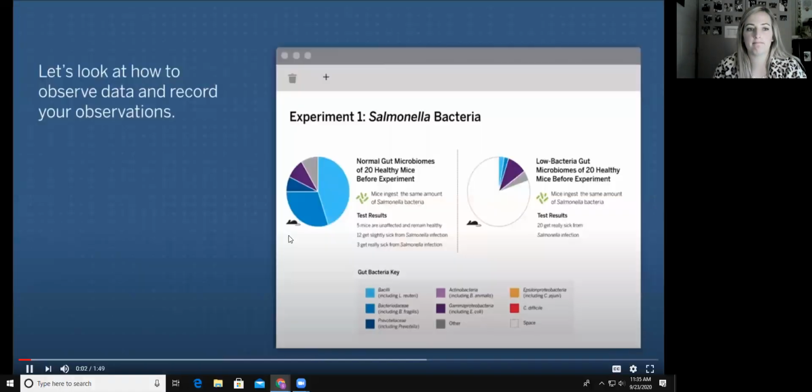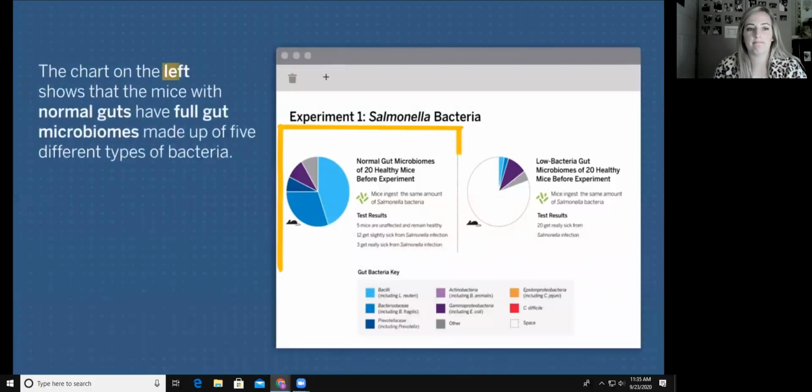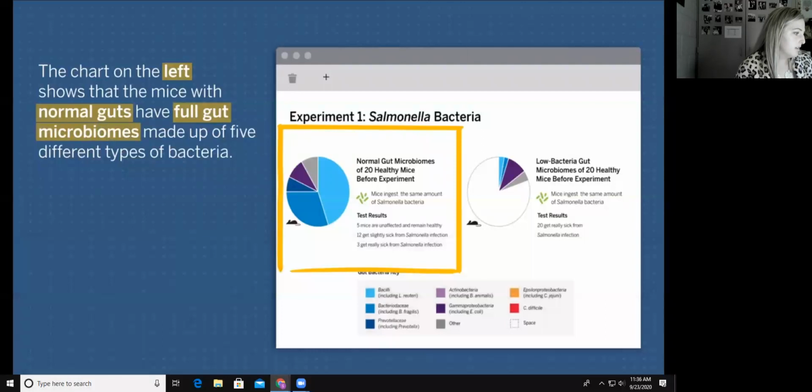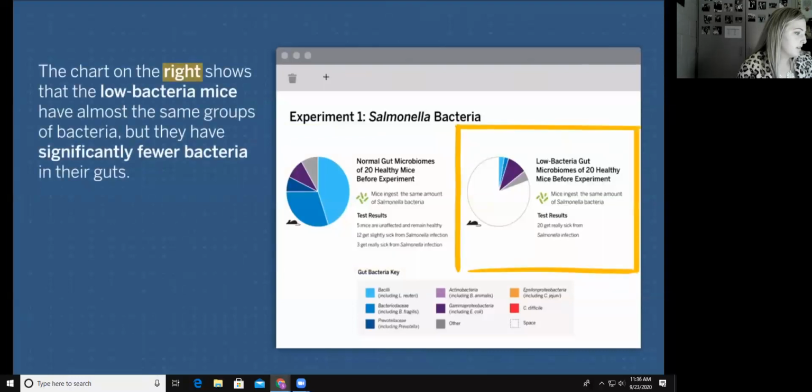Let's look at how to observe data and record your observations. The chart on the left shows that the mice with normal guts have full gut microbiomes made up of 5 different types of bacteria. The chart on the right shows that the low bacteria mice have almost the same groups of bacteria, but they have significantly fewer bacteria in their guts.